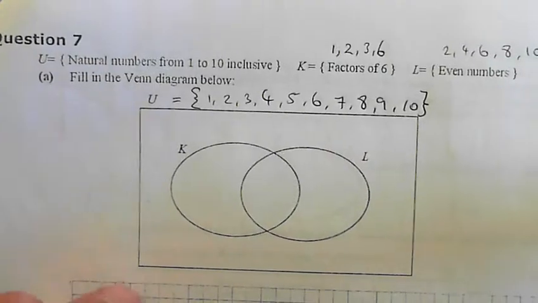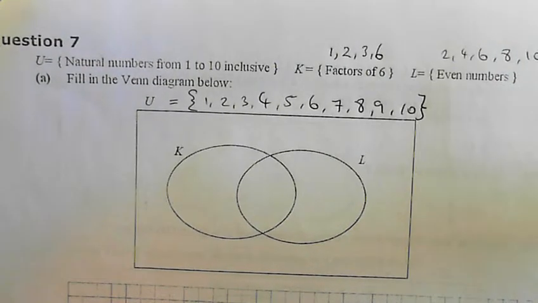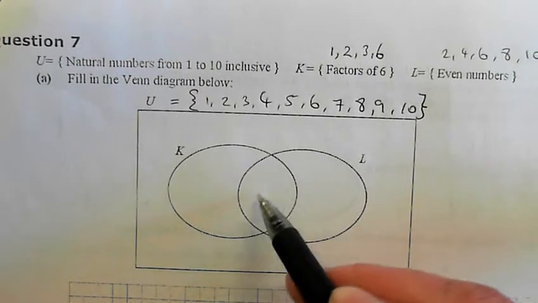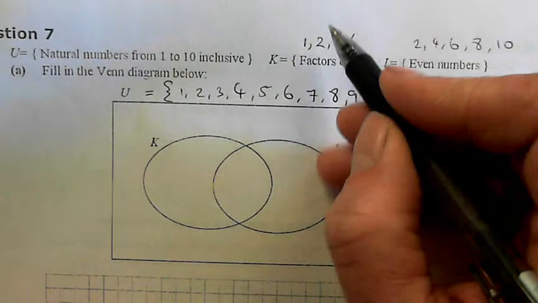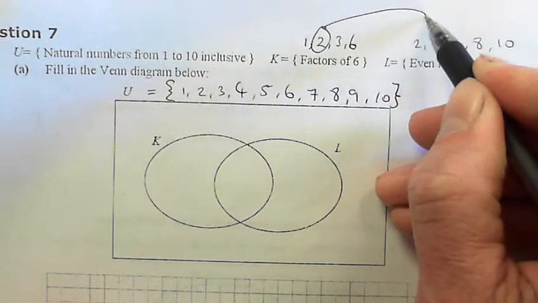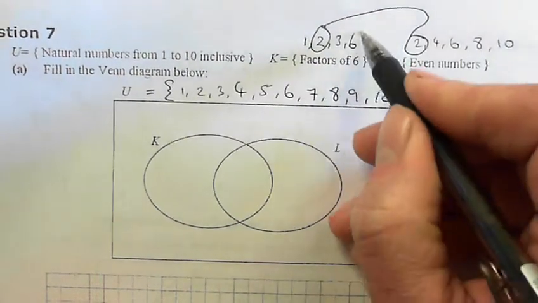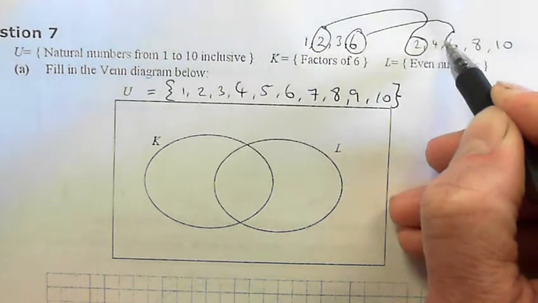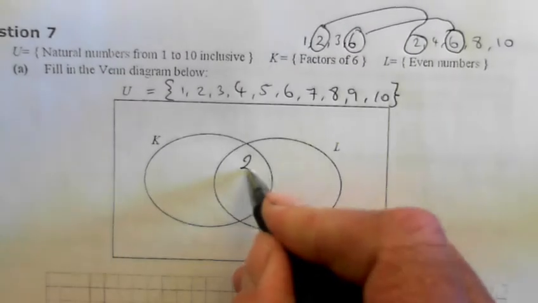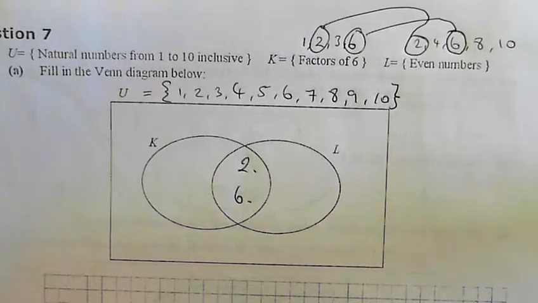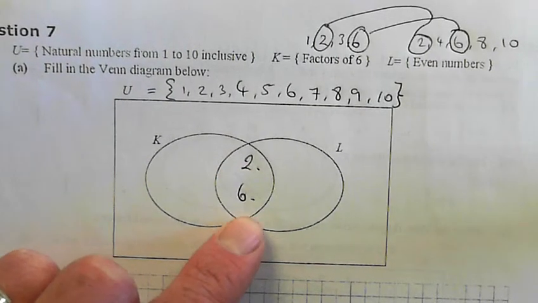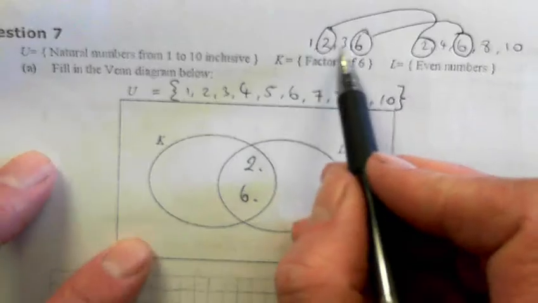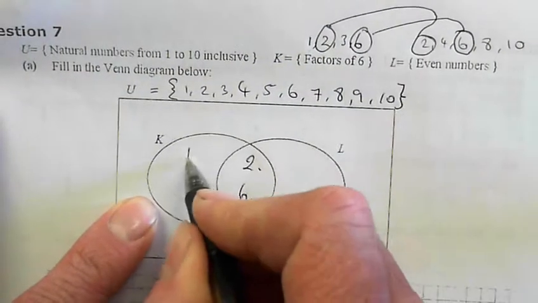10. Okay, so the first thing we have to do before we fill this in, this is the common area in the middle. What's common to both sets? 2 is common. 6 is common to both. So 2 and 6. The dot means it's an element. Then we fill out the K's, 1 and 3, go there.